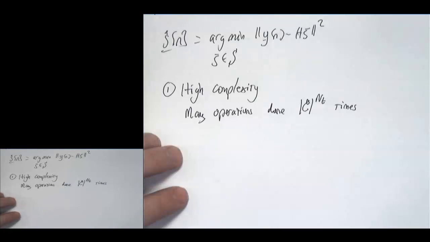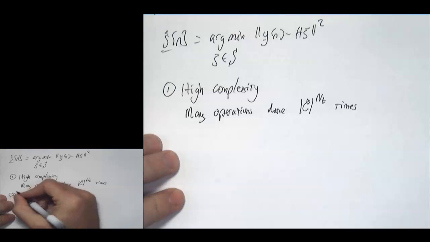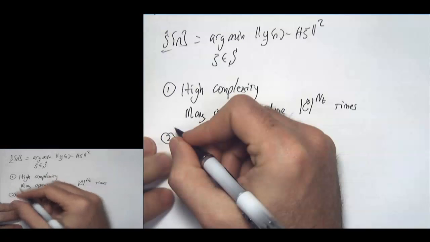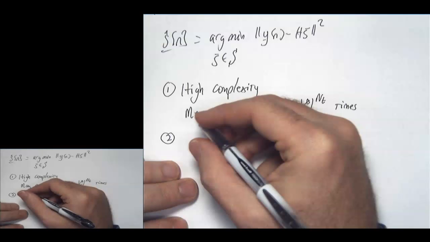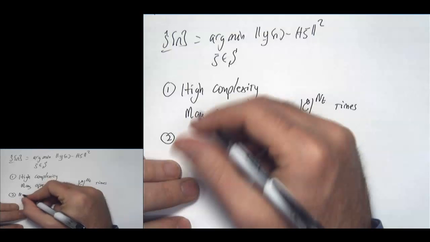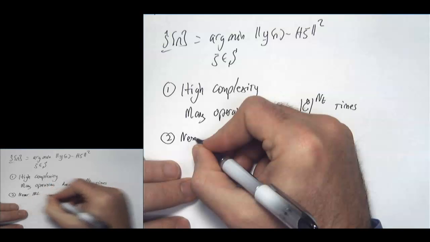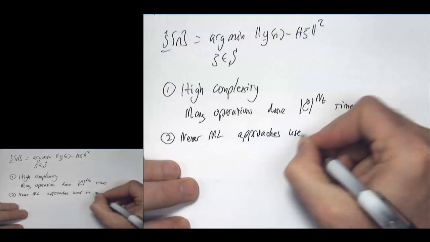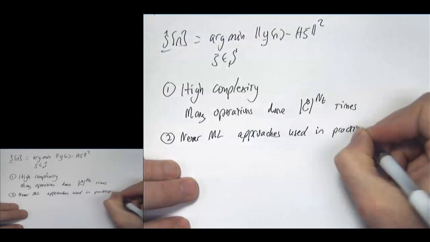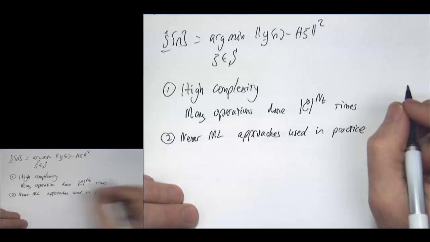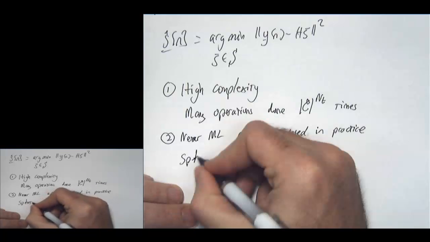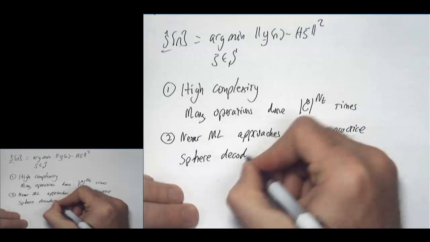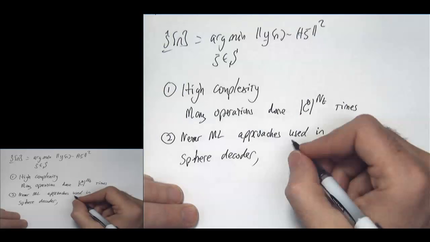Now, in practice, for the most part, you wouldn't actually implement this directly. You'd implement one of a whole family of lower complexity techniques that are generally either maximum likelihood or usually near maximum likelihood. For example, you might use something called a sphere decoder, or a lattice reduction technique, a lattice-aided receiver.